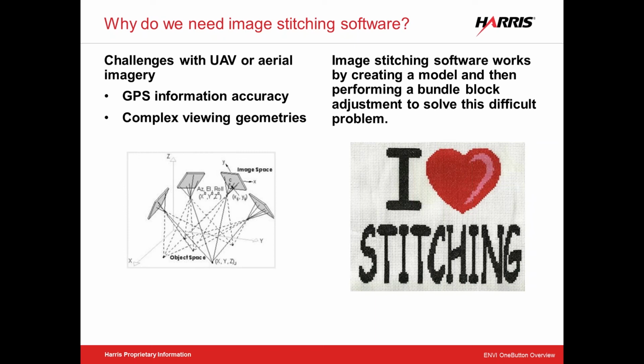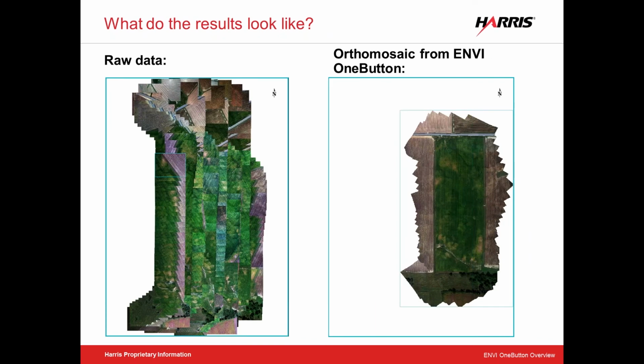This and the accuracy of your GPS information, which could be off anywhere from 1 to 10 meters, make it really hard to figure out where your picture should actually be located. And so image stitching software works to create some sort of a model, be that a bundle block adjustment or a different algorithm, to try to solve this problem and figure out where your images are at.